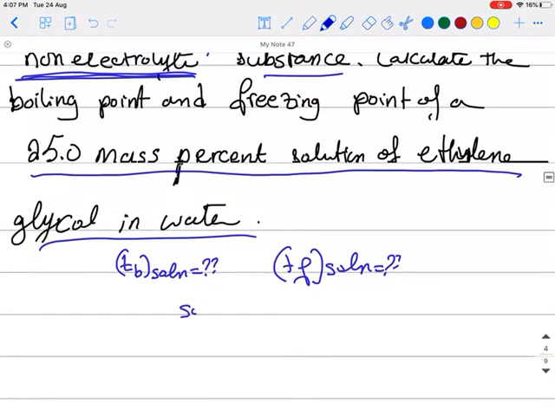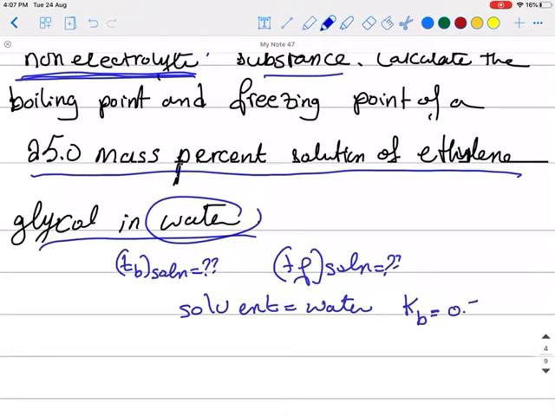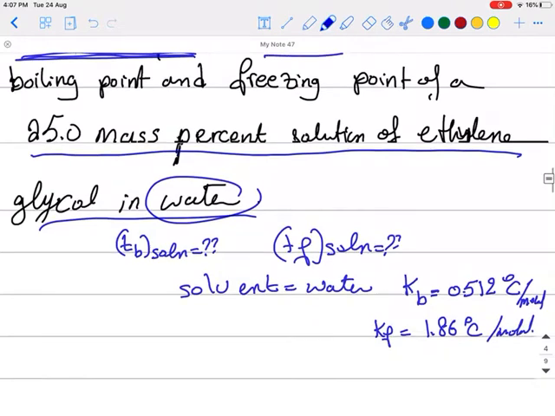Okay, the solvent here is water, so I can use the constants for water that never change. The molal boiling point elevation constant K_b is 0.512 degrees Celsius per molal, and K_f for water equals 1.86 degrees Celsius per molal. These are the constants.